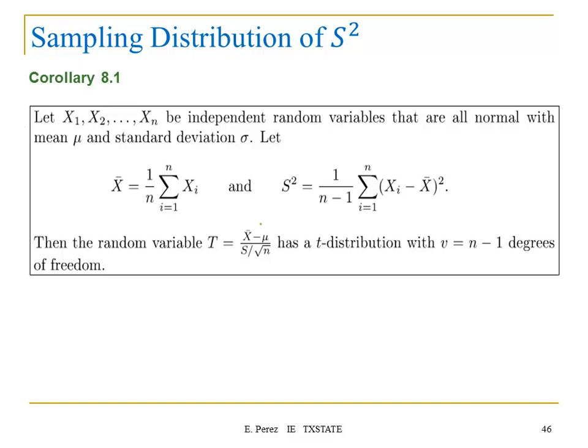So this statistic t with the sample standard deviation has a t distribution. It's no longer a standard normal distribution. When you don't know the population standard deviation, you can estimate it using the sample standard deviation, and you can use the t statistic to compute the probabilities.